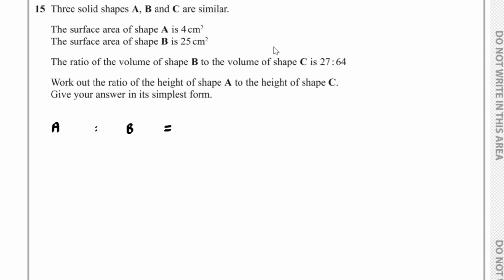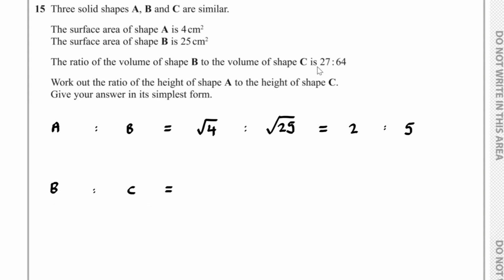So if I square root those to find the ratio of the lengths, I have the square root of 4 to the square root of 25. And it just so happens this is 2 to 5.